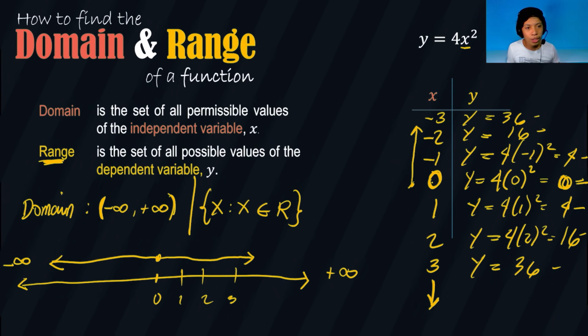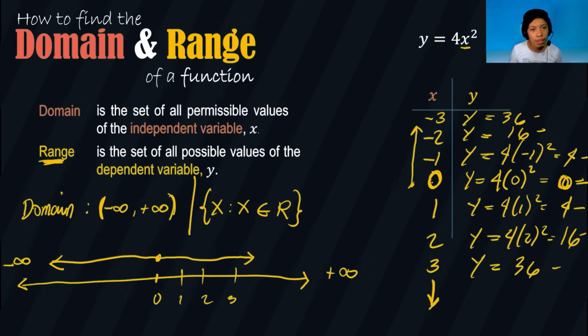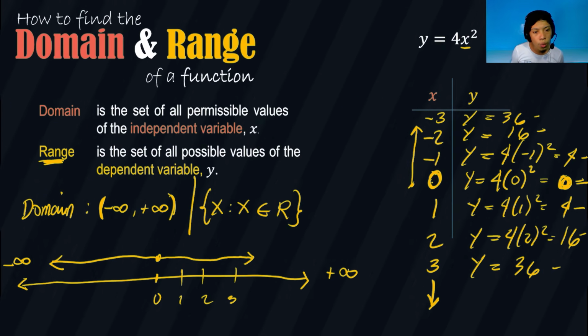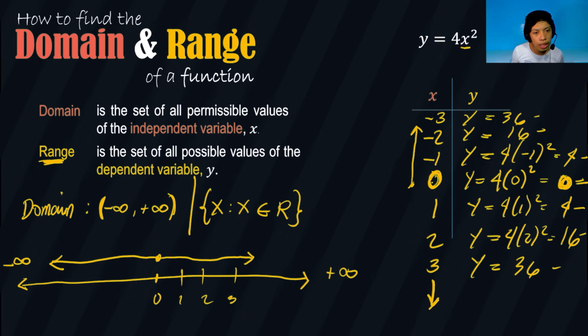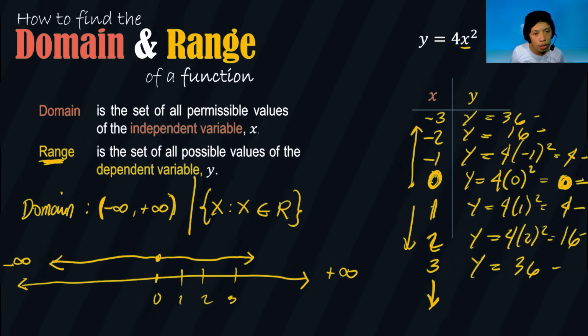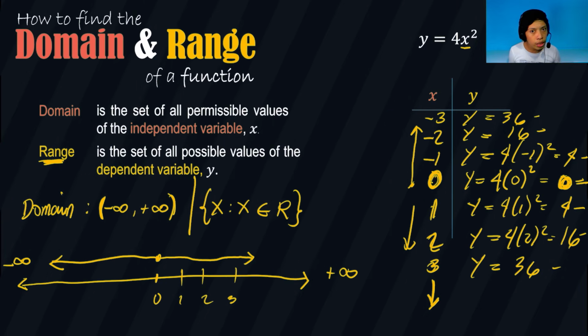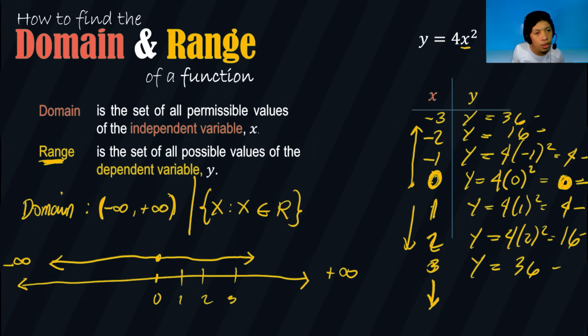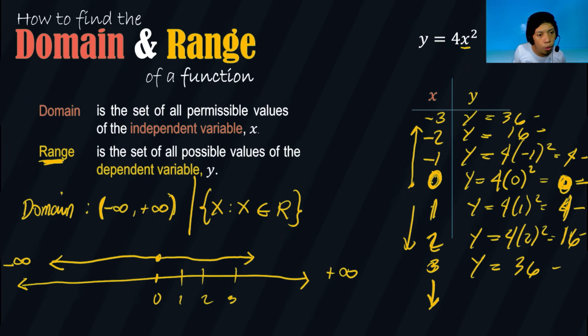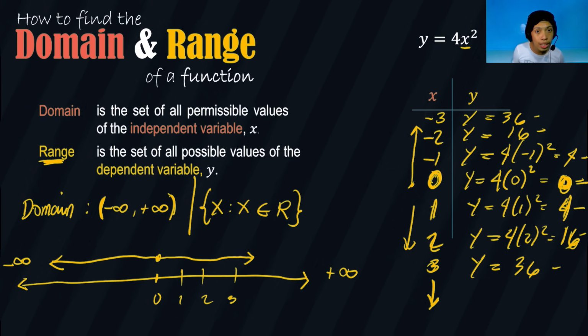Now look at our values. Here is 0. When x increases to positive infinity, 0, 1, 2, 3, here's your value of y: 0, 4, 16, and 36.